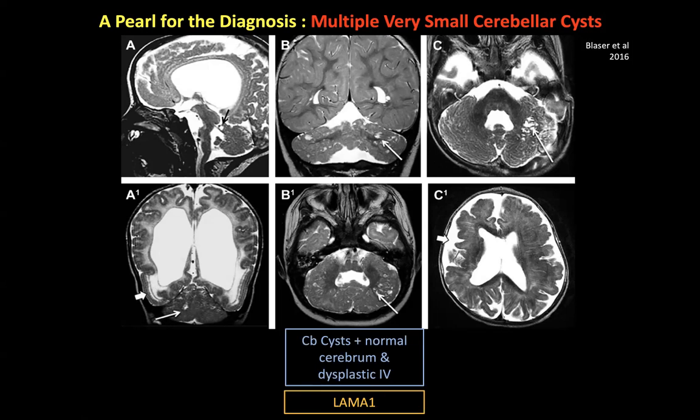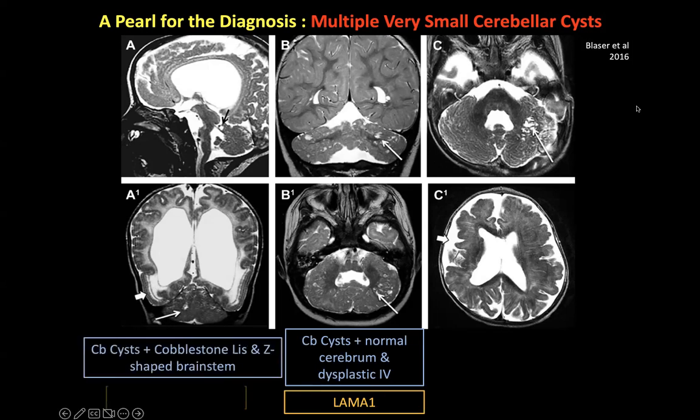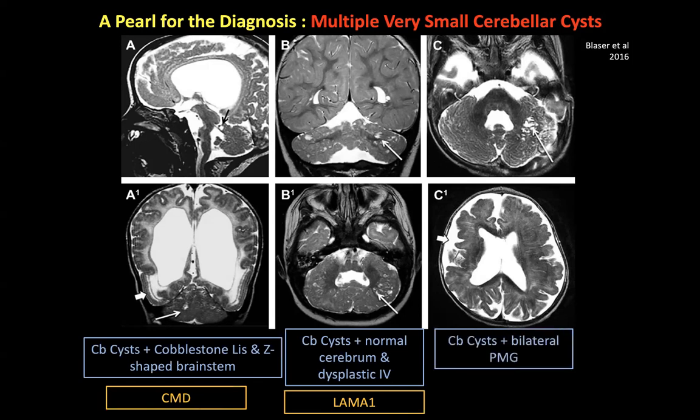Or you have microcysts, this we saw, CMD, microcysts with bilateral polymicrogyria, typical of GPR56. Very rare, but again, to show you the combination of findings can help. Of course, we can have large cysts with calcification in the context of leukodystrophy with calcification and cysts, also involving the cerebellum. But as far as the microcystic appearance of the cerebellum is concerned, this is very rare and points toward these three groups of diseases.